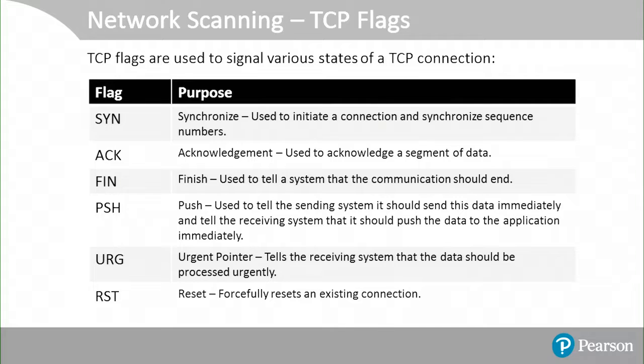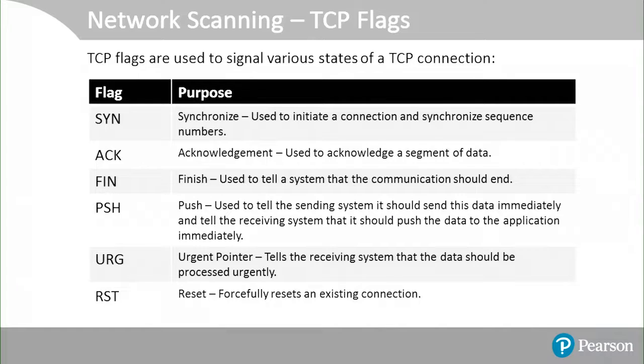SYN, synchronize. This tells the other system that we want to synchronize sequence numbers with them. Acknowledgements are used all over the place. As a segment comes in, that receiving host will send an acknowledgement that it received it. And you can have bidirectional data transfer doing this just by validating the sequence numbers as they're exchanged. We have FIN. FIN is for finish.